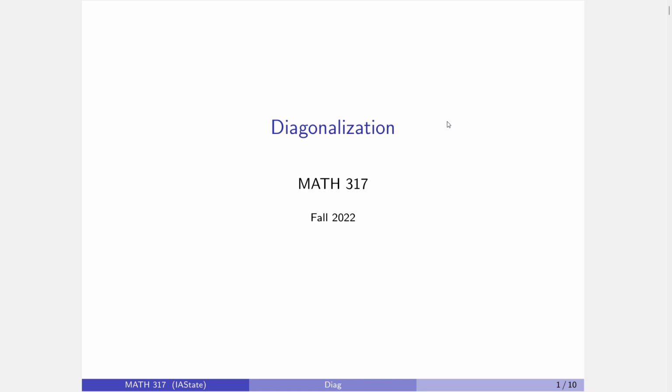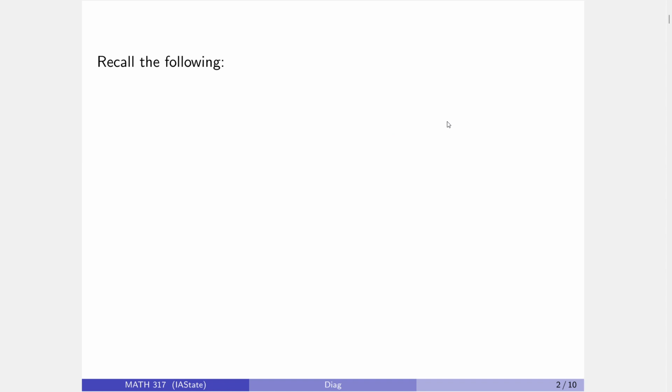So let's recall what we were talking about yesterday in class and set up what we're going to be talking about today. Recall that a matrix is said to be diagonal if the entries off of the diagonal are equal to 0. The only entries of interest are hanging out on the diagonal.